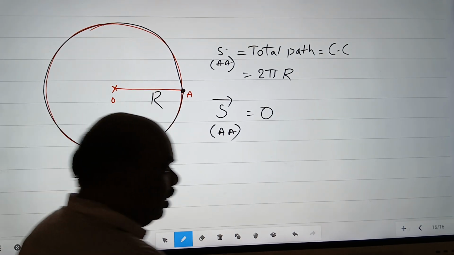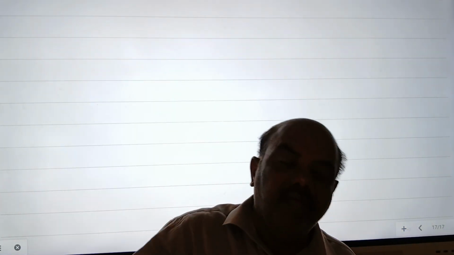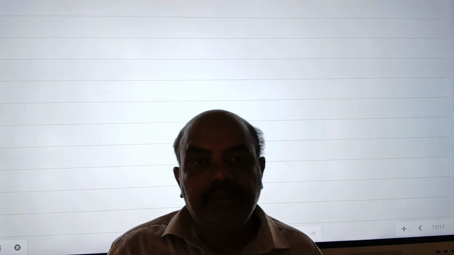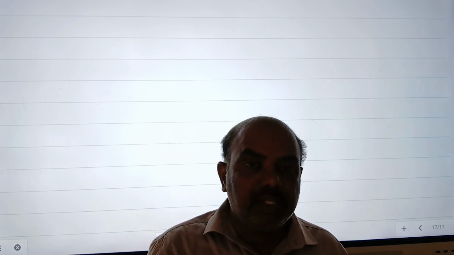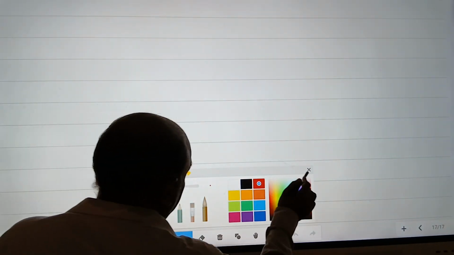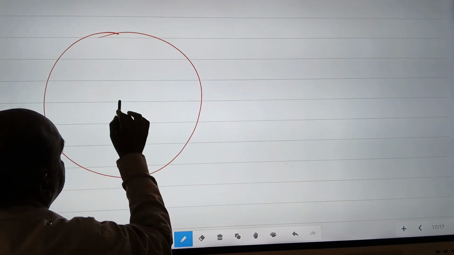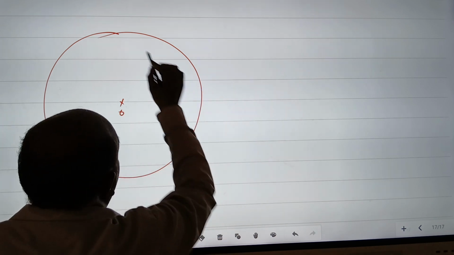Till here we saw in a circular path, if a body covers 1/4, quadrant, half, 3/4 and the complete circle. It is not always like that. Now I will make the question a little complex. This is the circular path. This is the center of the circle.